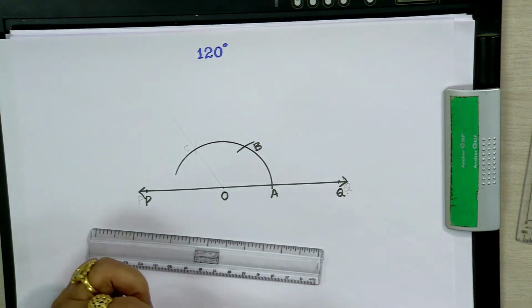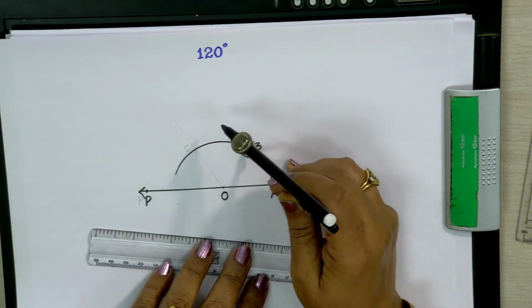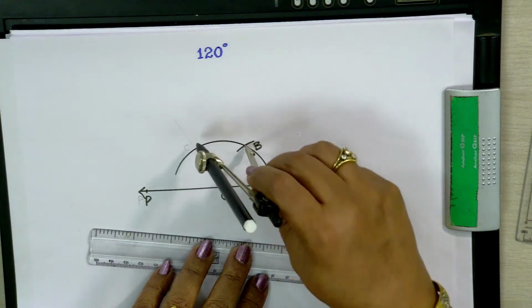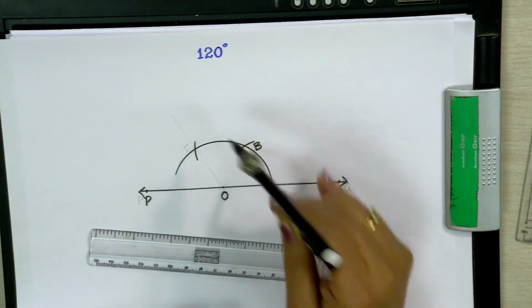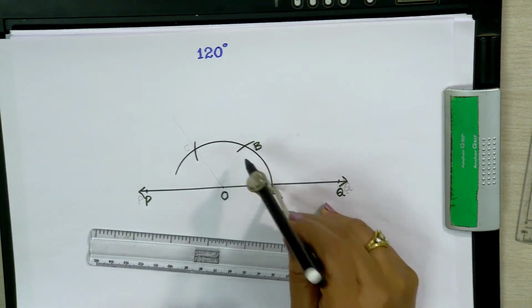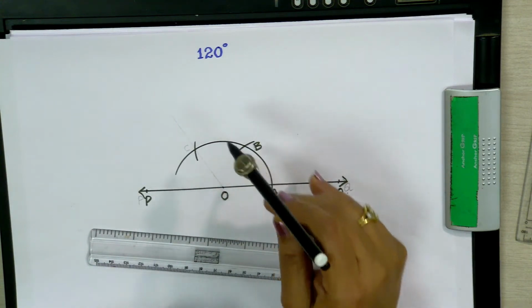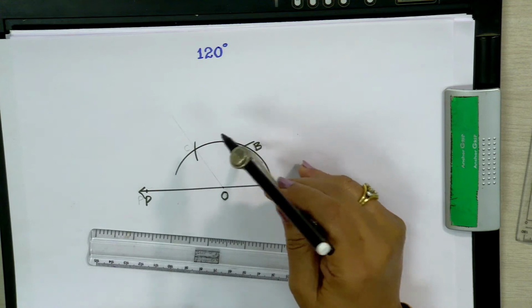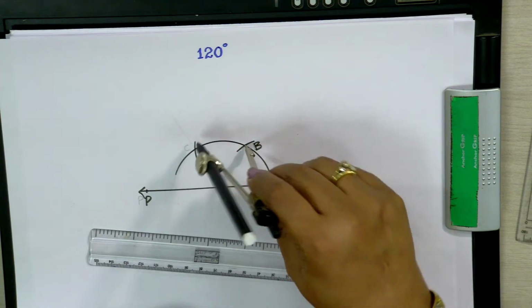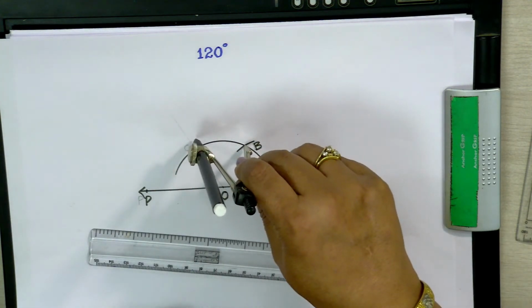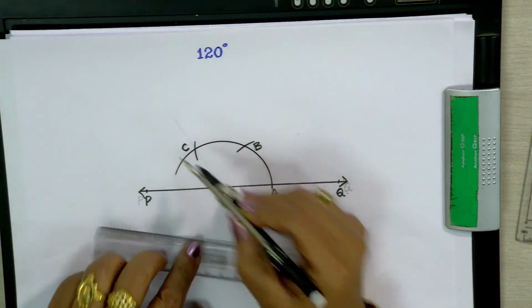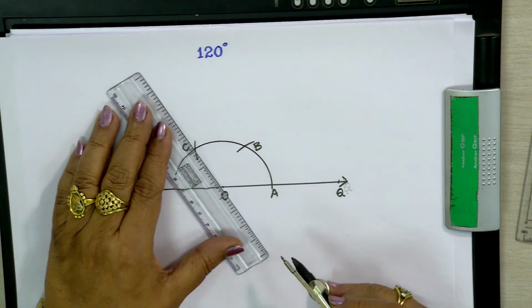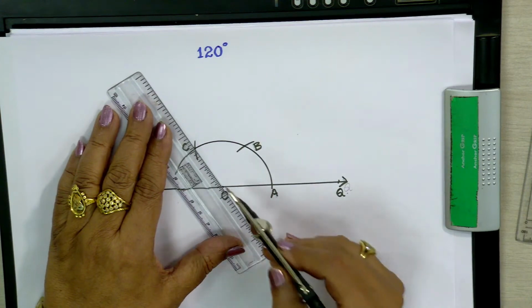Because I am interested in making 120 degrees, let me keep it on point B and cut another arc. That means first this arc was of 60 degrees. Again, without changing the radius, I have placed it on B and I have cut this arc and named this point as C. Look children, if I join this CO, what will be the measure of this angle?